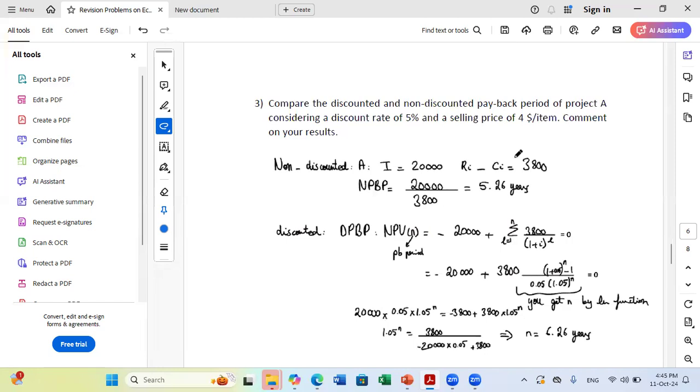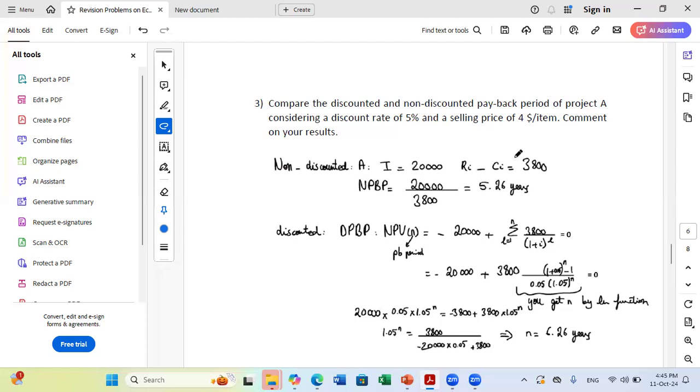But sometimes it's a tool that can help us have a quick estimation of whether the payback period is relatively long or not. You know what I mean by this? Consider, for example, a project. If I calculate the non-discounted payback period and already I get a value that is large relative to the lifetime. So here the lifetime is 8 years.